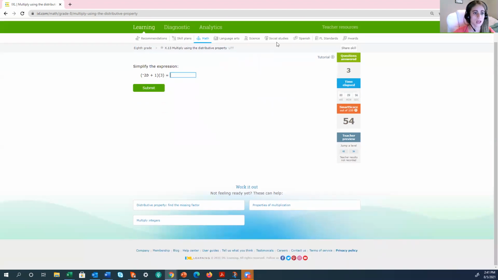What do you notice about the value that we're going to distribute, the value that we're multiplying? Hopefully you noted that it was written behind, it was written in the back.